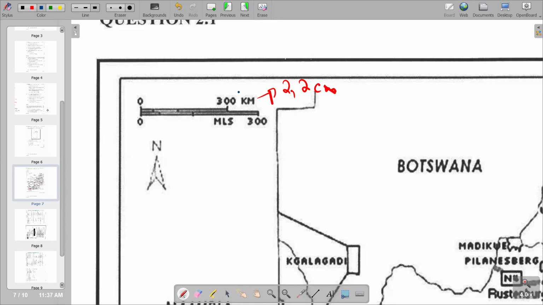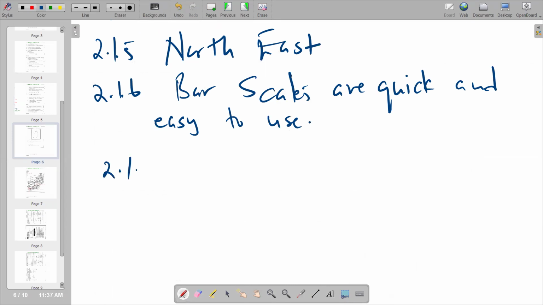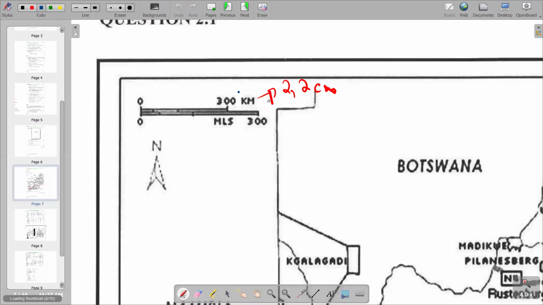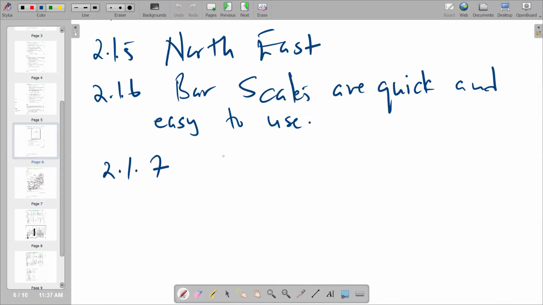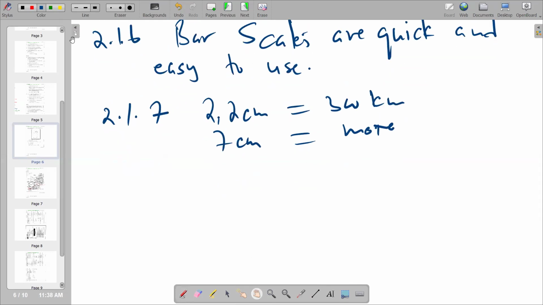So what about the 7 centimeters that we are being asked to convert? So we just make a simple proportion whereby we are saying 2.2 centimeters is equal to 300 kilometers. So 7 centimeters is the one that we want to convert. Obviously, we have more kilometers. So exactly as we convert that to a simple proportion, whereby we say what we don't have is 7 centimeters, it becomes the numerator.